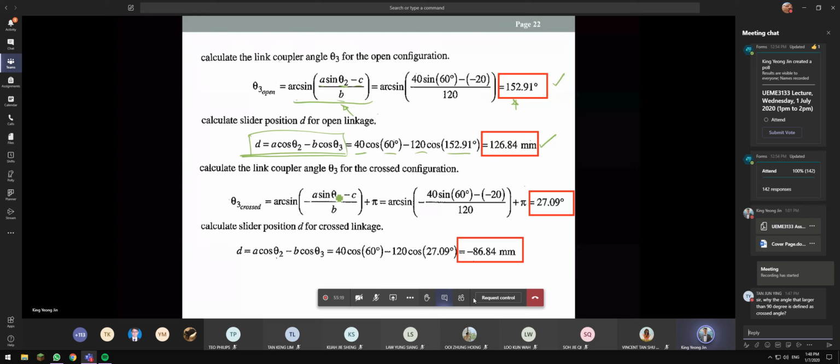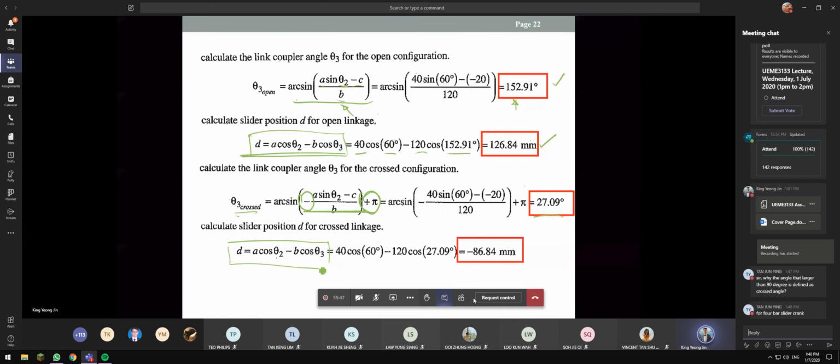Now we have another formula for theta 3, which, if you look carefully, is just this one and this one, the addition of the minus and also the plus pi there. So we get the angle 27.09.